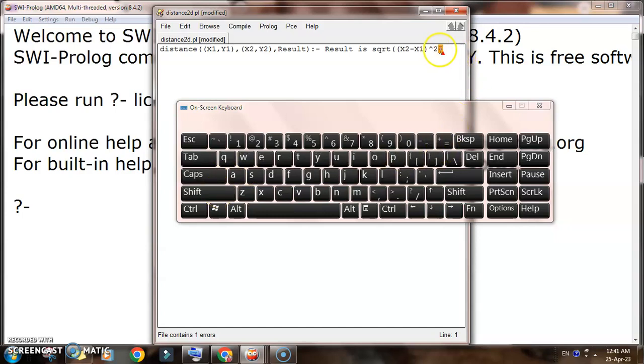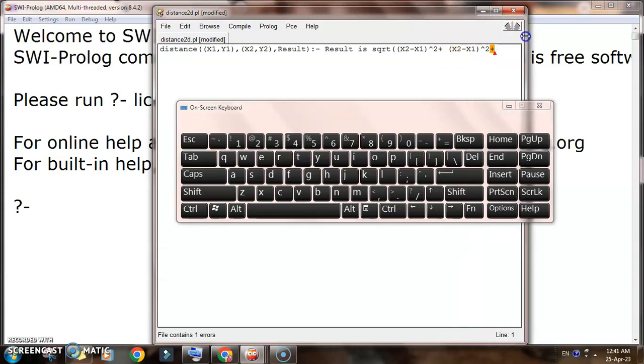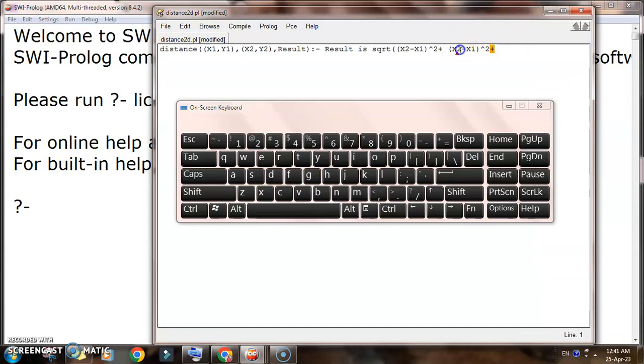Okay, and I will use the same formula. So here we will take Y2 minus Y1, Y2 minus Y1 and square.